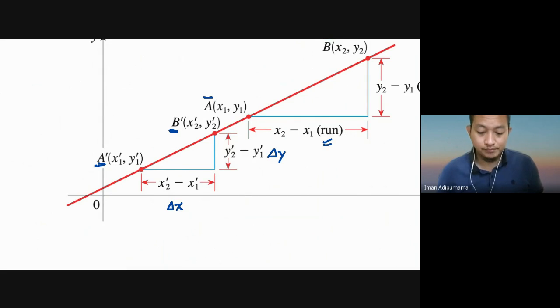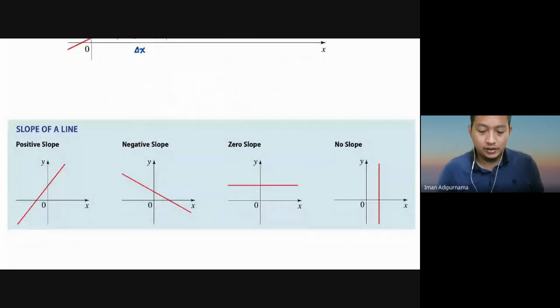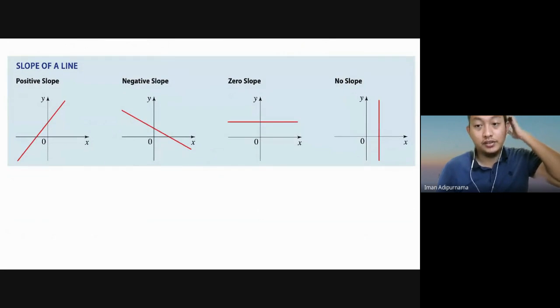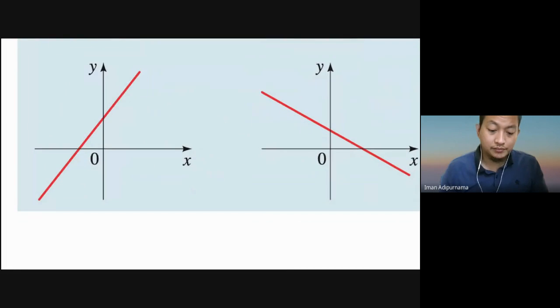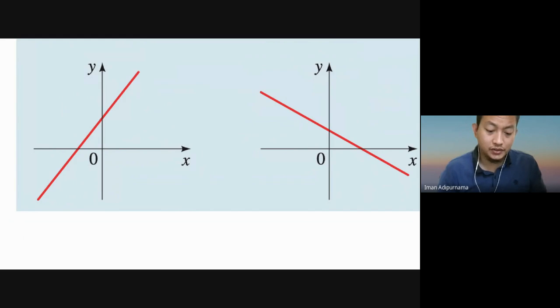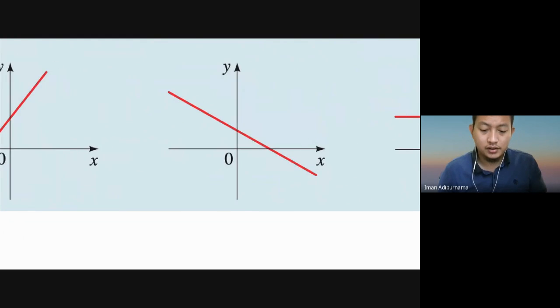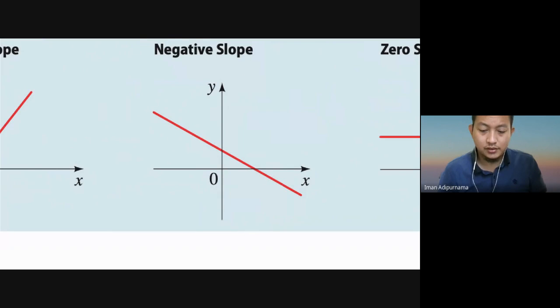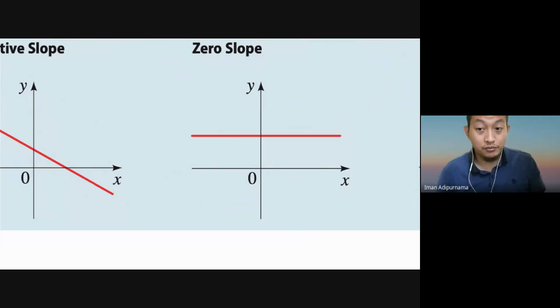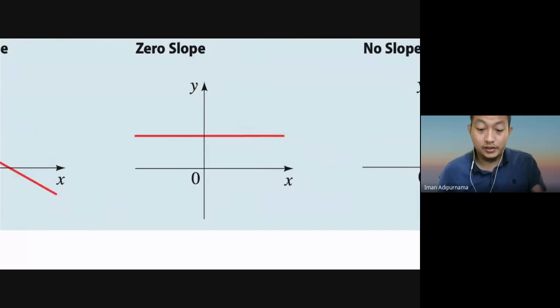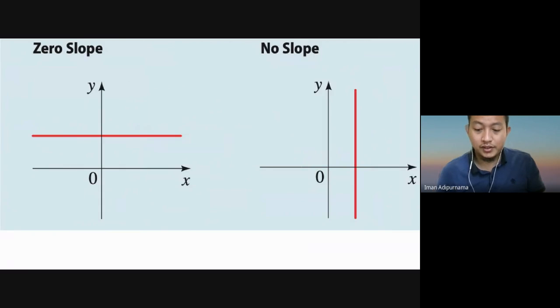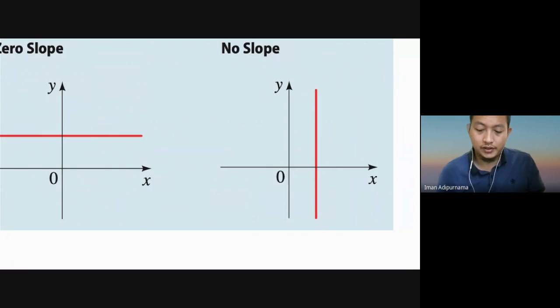Depending on the number of the slope, we can say that it's a positive slope, the first one here, and then a negative slope. It's a zero slope: the gradient is zero, and there is no slope here.